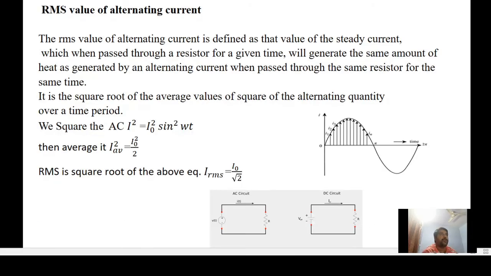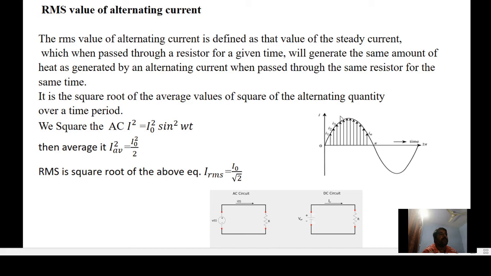Next, we will move on to RMS value of alternating current. We know that the value of alternating current or voltage is continuously changing from 0 up to the positive peak, through 0 to the negative peak and back to 0 again. The RMS value is the effective value of varying voltage and current.